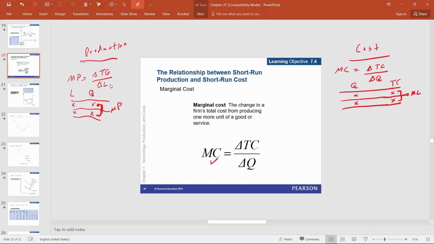So the base here is labor and the base here is total production.